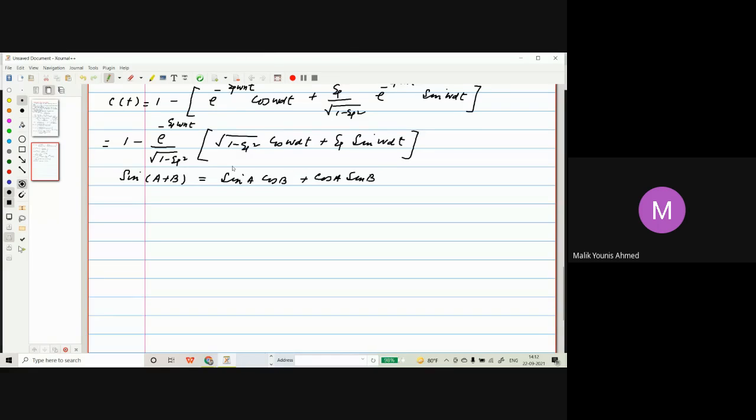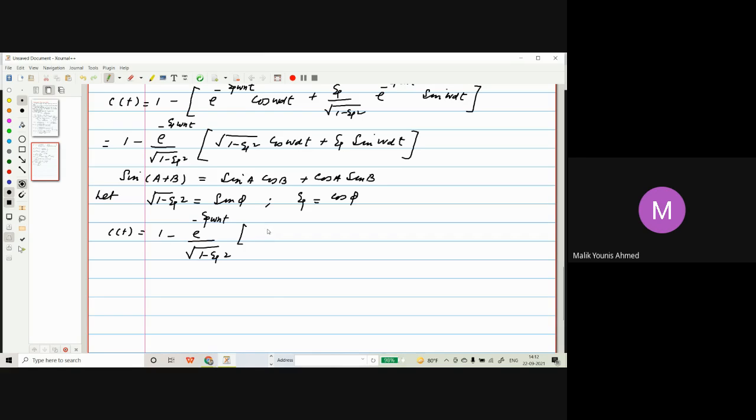Wherever cos is there, let under root of 1 minus xi square be equal to sine of phi. This is what I have to assume. So I will make xi equal to cos phi. Now substituting these values, C of t will become 1 minus e raised power minus xi omega n t divided by under root of 1 minus xi square. This is a very important formula. The derivation we are doing is based on this, and there are lots of numericals.